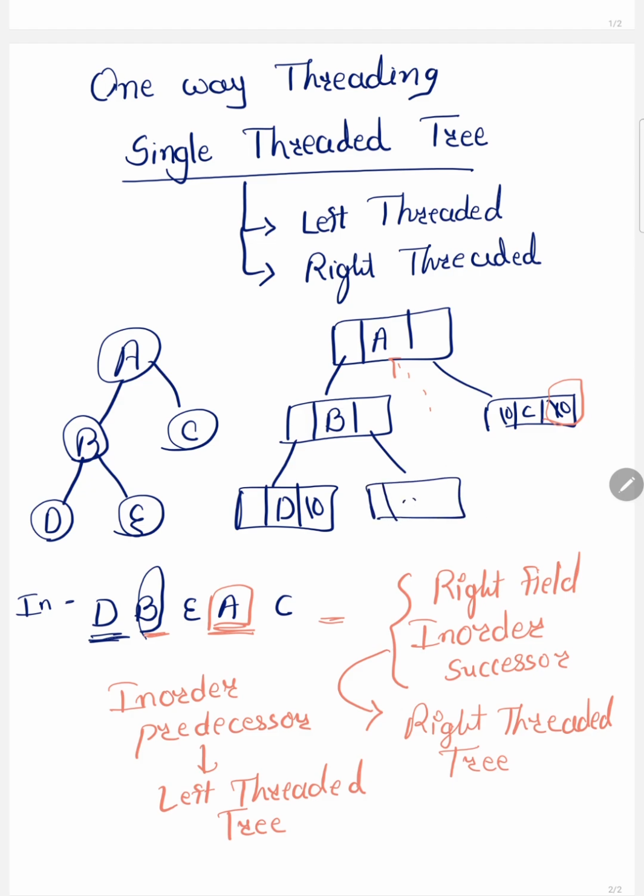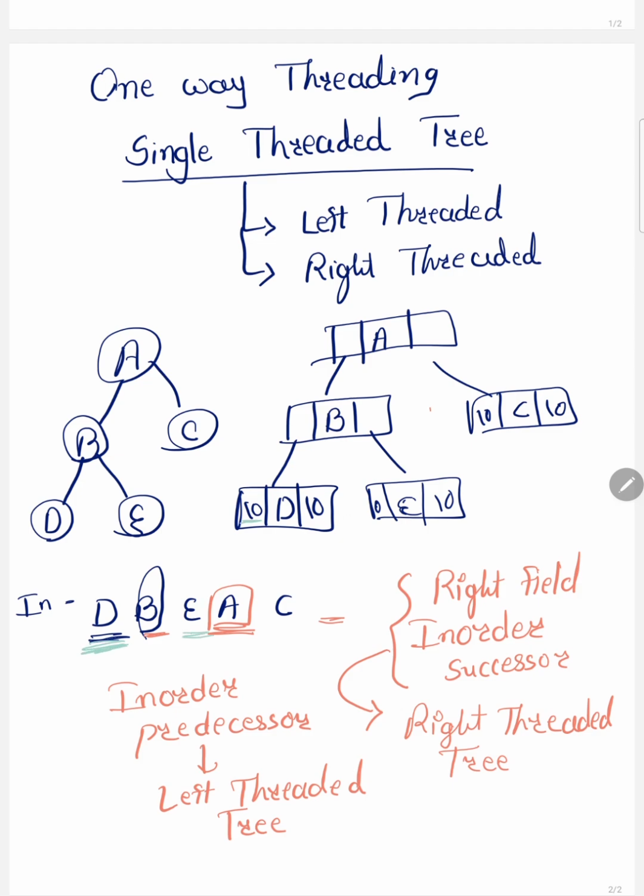Here we have this E, both are null, right? So what is the predecessor? D is not having any predecessor, so this null will remain the same.